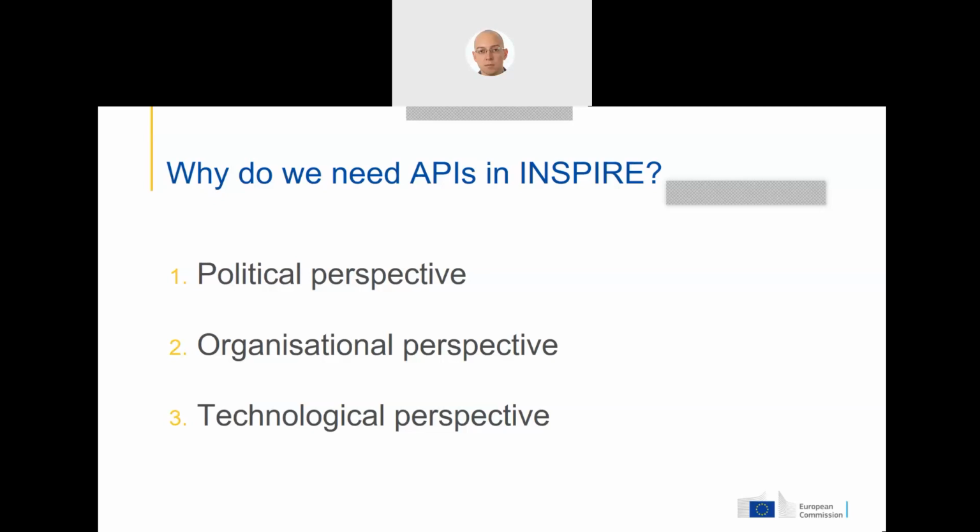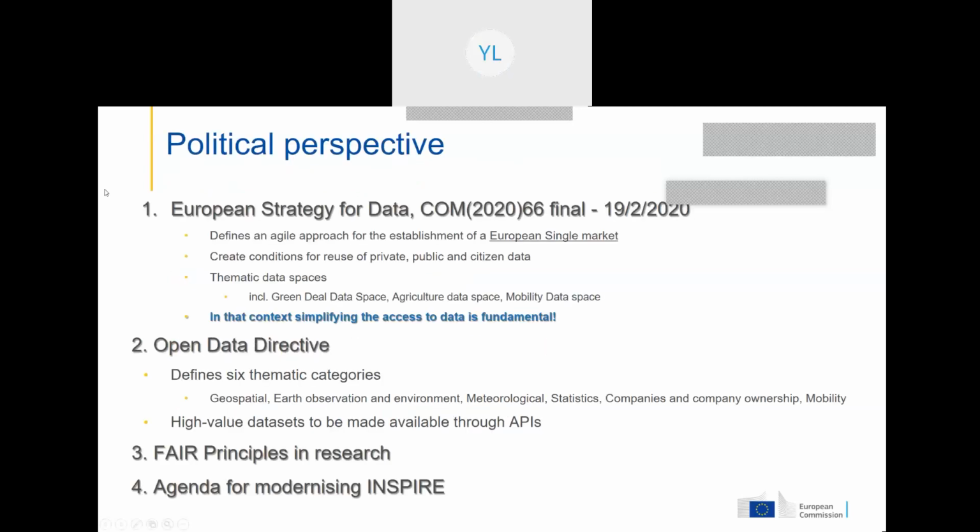The first one is the political perspective, but we can also answer that question from an organizational perspective as well as a technological perspective. The political perspective. I think the time is more than appropriate now to be adopting and investigating the OGC API.